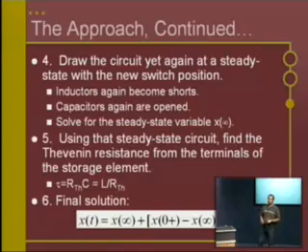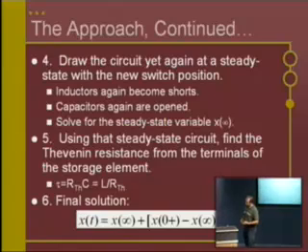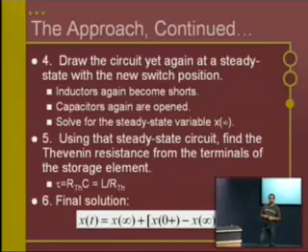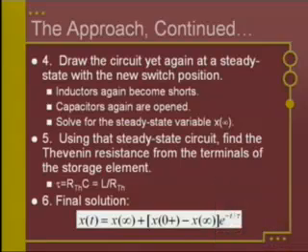So what does the Thevenin resistance give us? It gives us part of our time constant. We're going to multiply that Thevenin resistance times the capacitance, or divide the inductance by that Thevenin resistance, to get the time constant tau, which will sit in the denominator of the exponent.